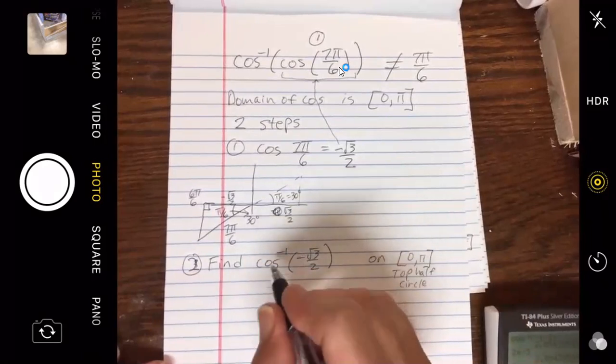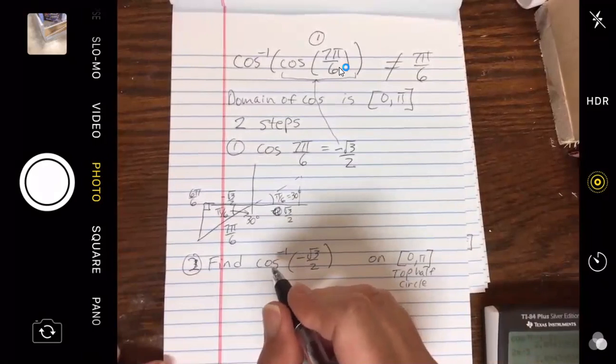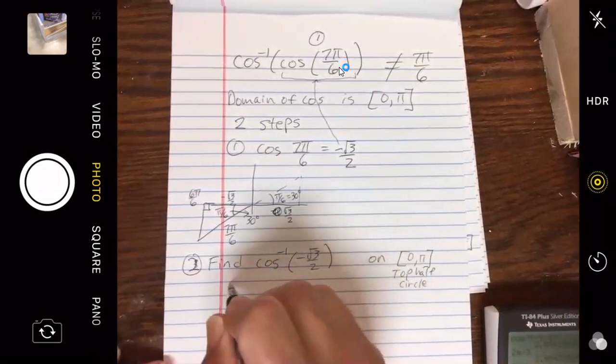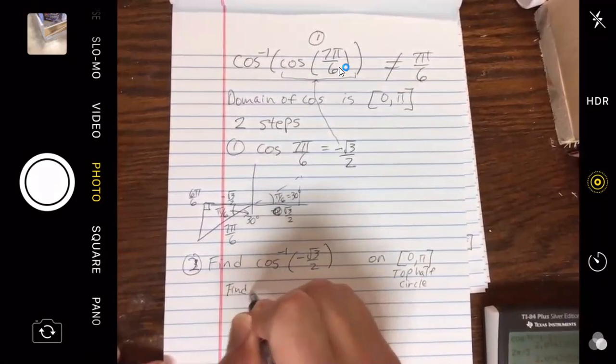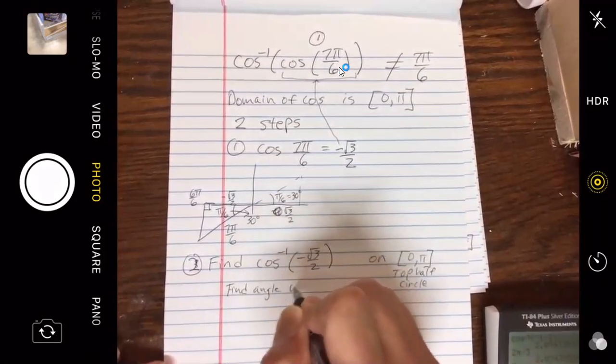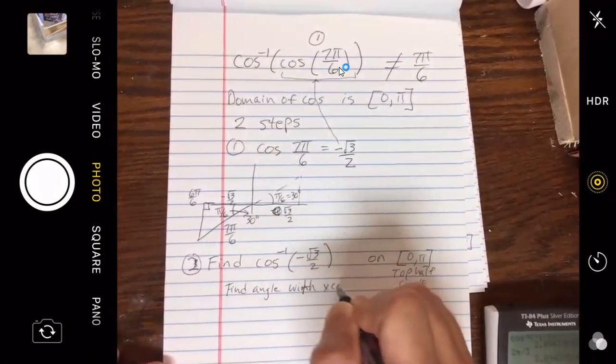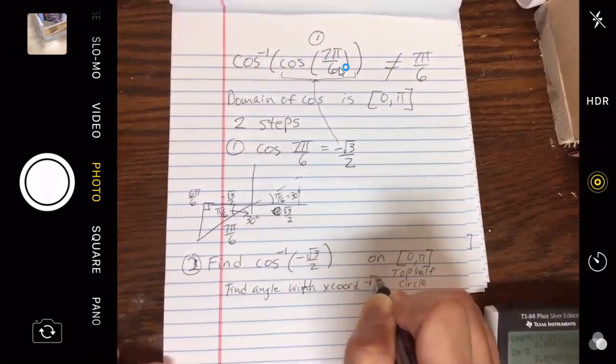So that's the angle with x coordinate negative root 3 over 2.